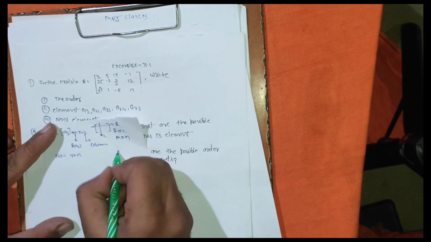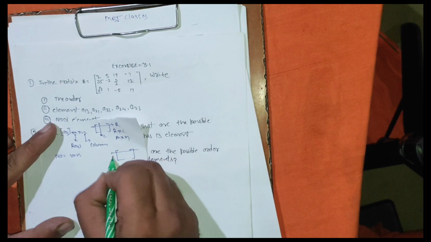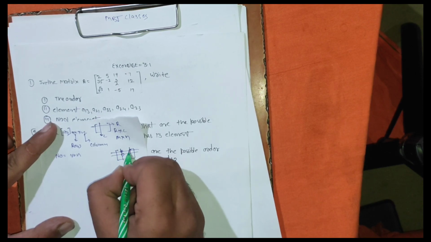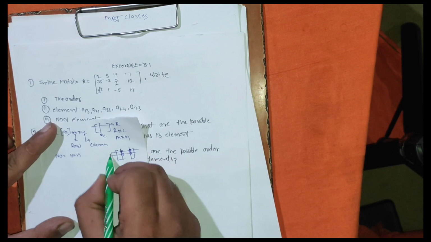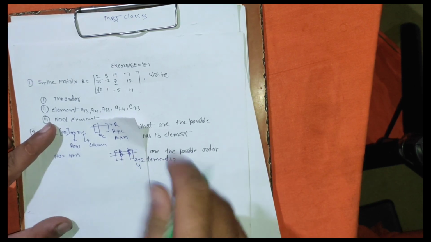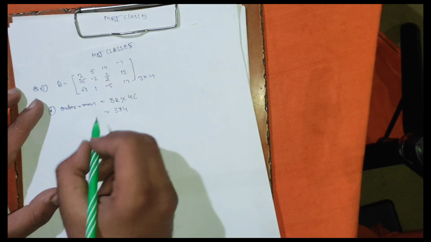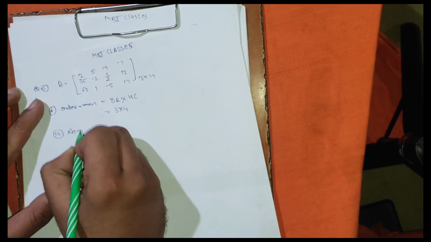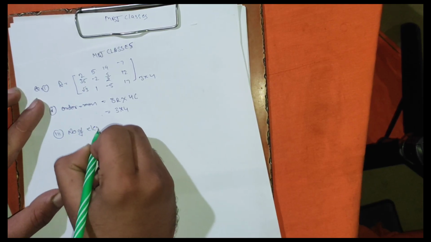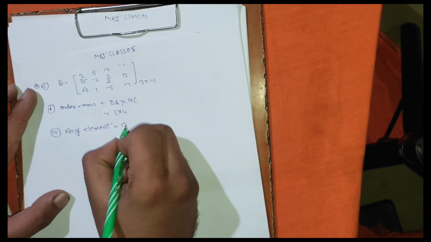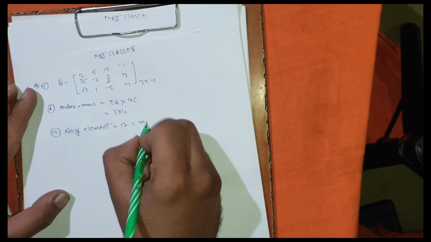For example, if I have 2 rows and 2 columns, the intersecting points are the elements, so 2 by 2 becomes 4, so the elements are also 4. Similarly the concept will be here. So the total number of elements is 12, which is mn.